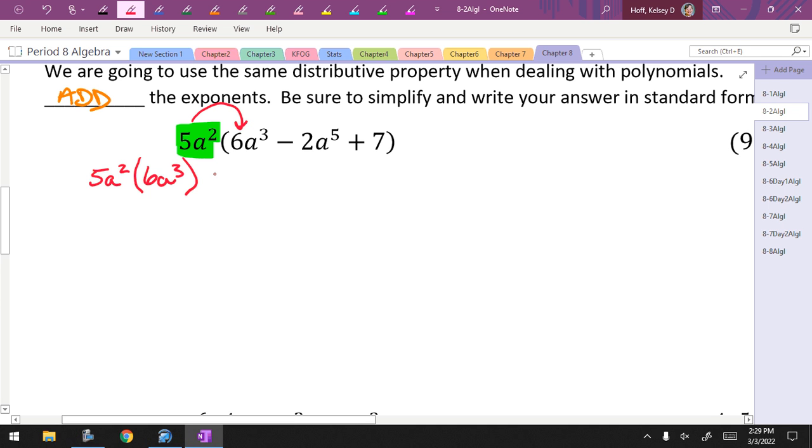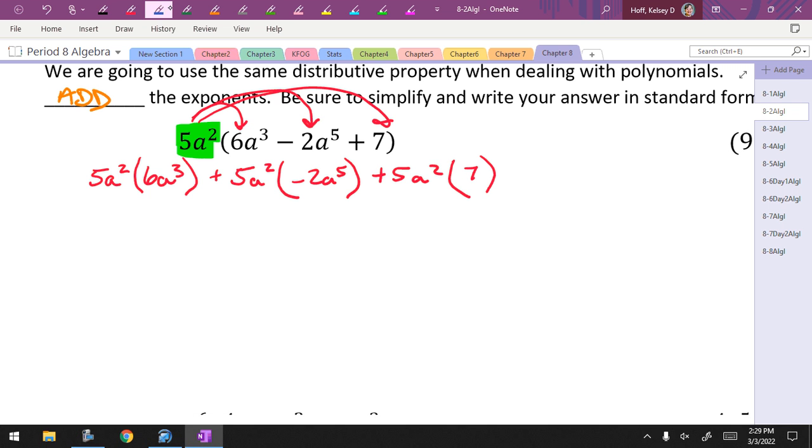So write plus 5a squared times negative 2a to the 5th plus 5a squared times 7. Now, on each of these terms, multiply the coefficients. If they have the same base, add the exponents.